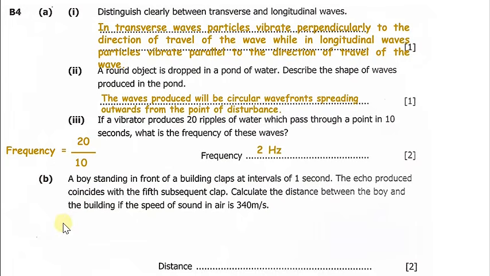Okay. Then B, they're saying a boy standing in front of a building claps at intervals of 1 second. The echo produced coincides with the 5th subsequent clap. Calculate the distance between the boy and the building if the speed of sound in air is 340 meters per second.